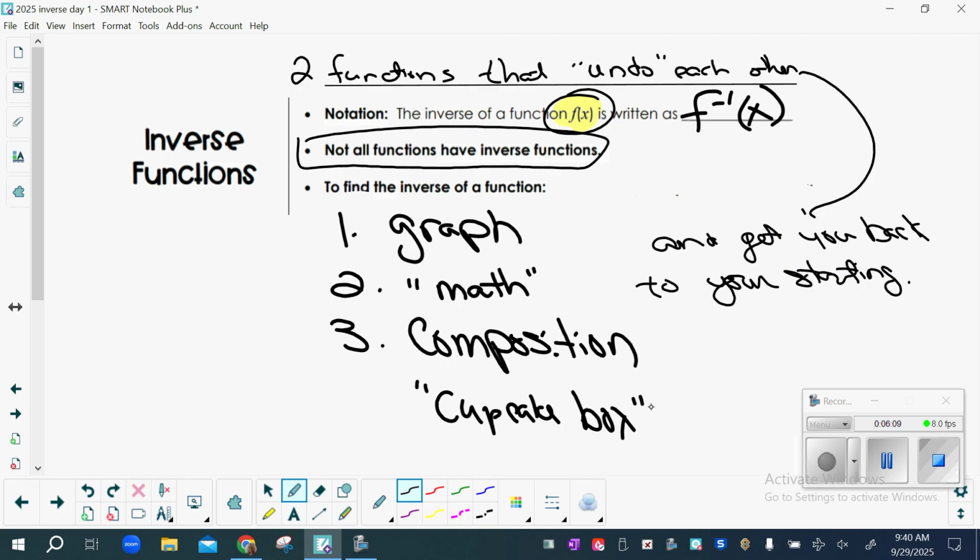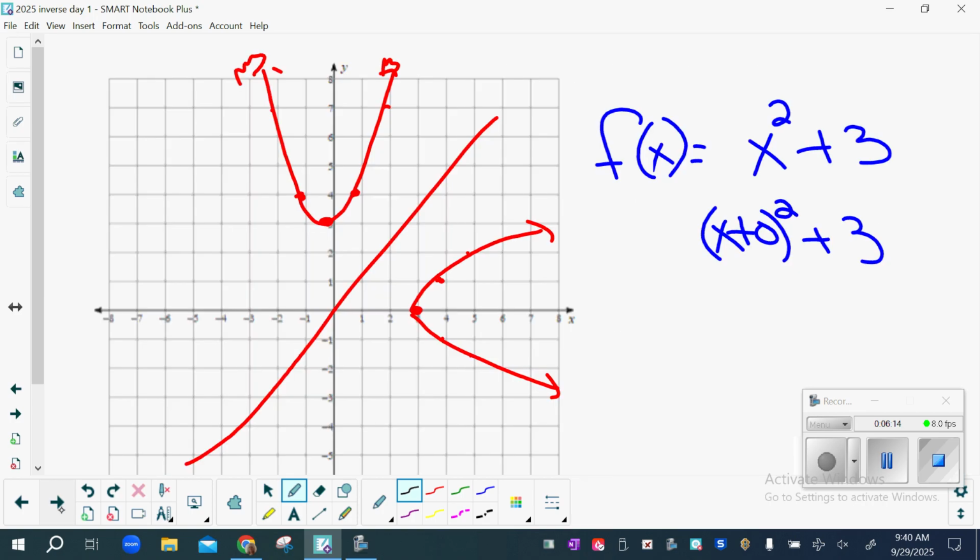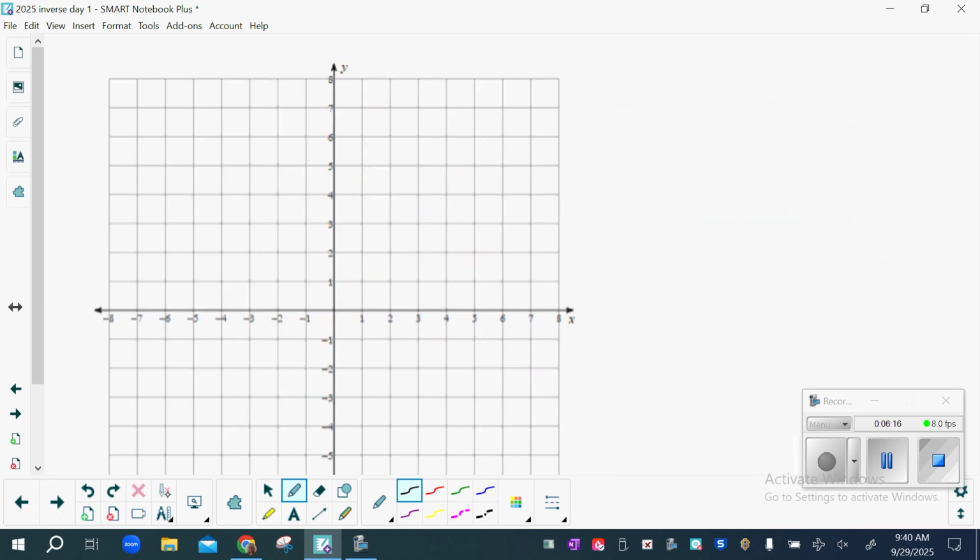Okay. Everyone's just watching. You're not writing at this point. So if my function is to take a number, add 3 to it, and get an answer, that's my function, right?